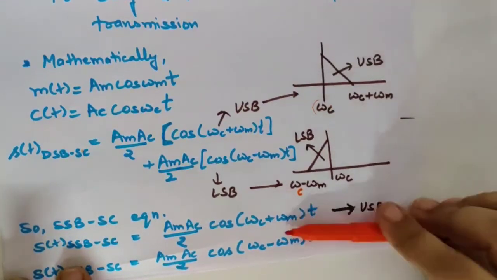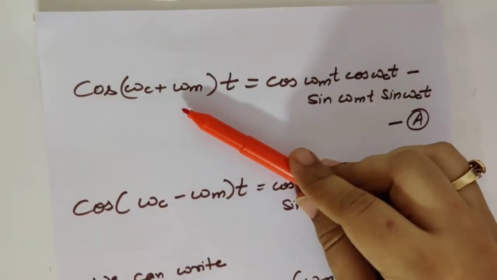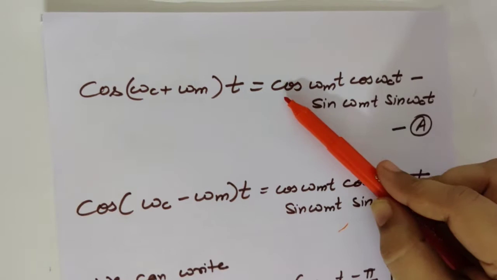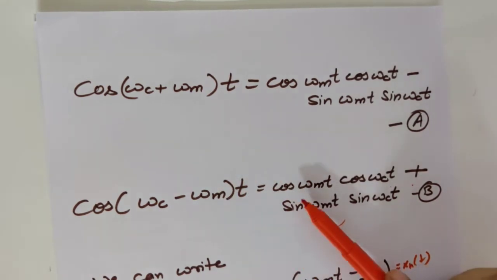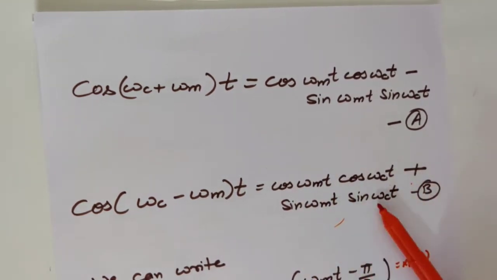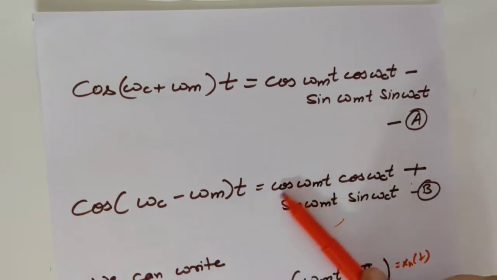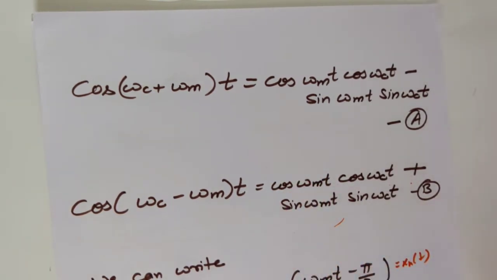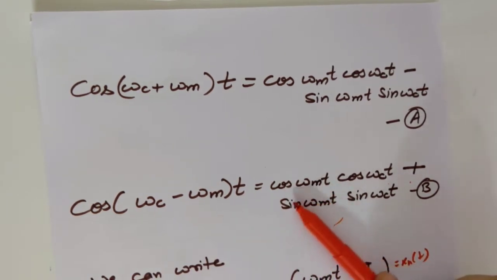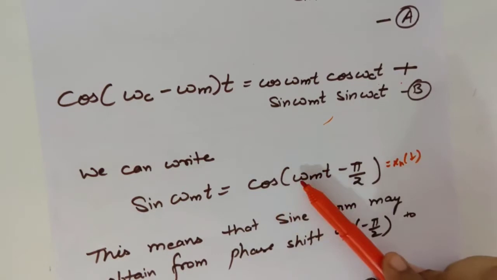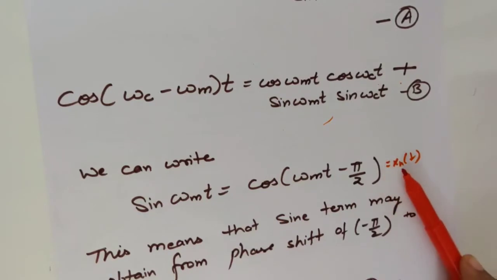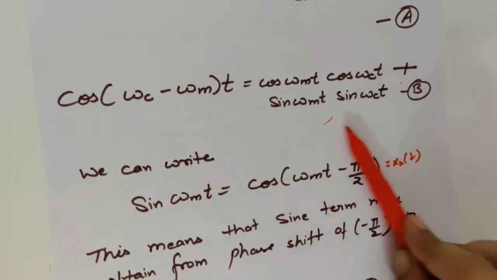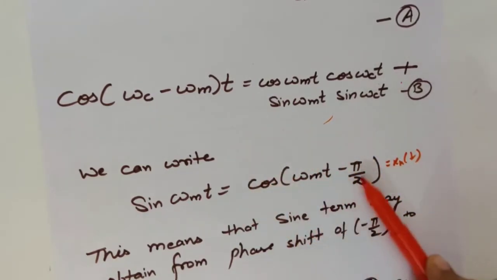I can write cos (omega c plus omega m)t as cos A cos B minus sin A sin B, and cos (omega c minus omega m)t as cos A cos B plus sin A sin B. I can write sin omega mt as a phase shift of minus pi by 2 of the cosine term, so this can be written as cos (omega mt minus pi by 2), which is sin omega mt. This is the Hilbert transform of your message signal, meaning the Hilbert transform provides a minus 90 degree phase shift.